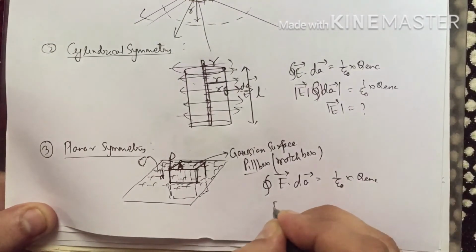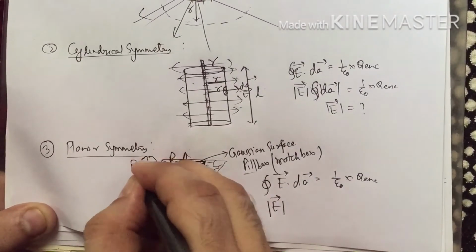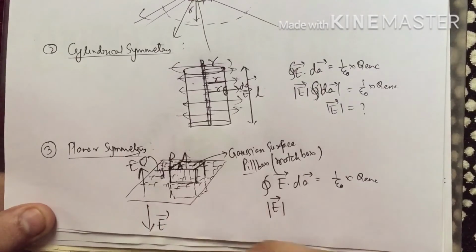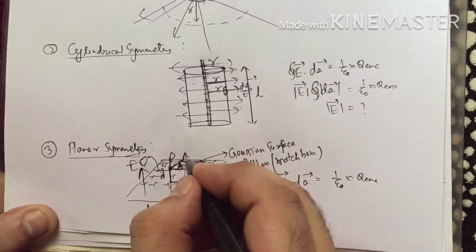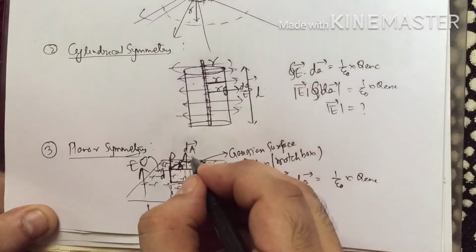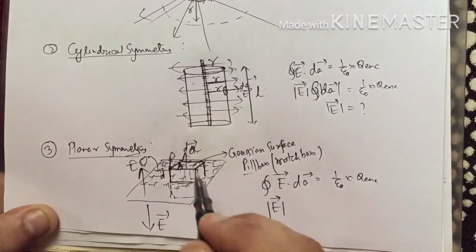This is the direction of electric field upward, and this is the direction of electric field downward. If this is the area of this pillbox, then the area vector will be in the upward direction, and the electric field vector and dA vector are again in the same direction.